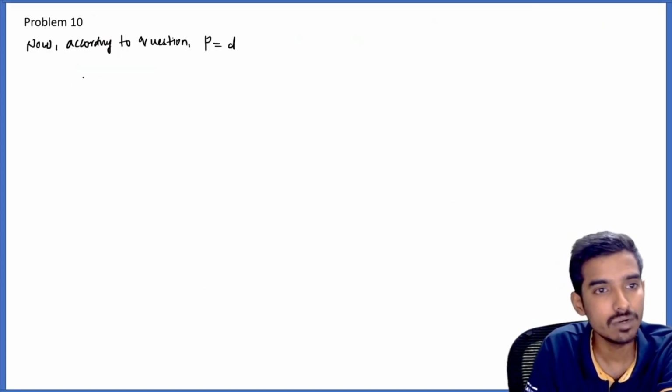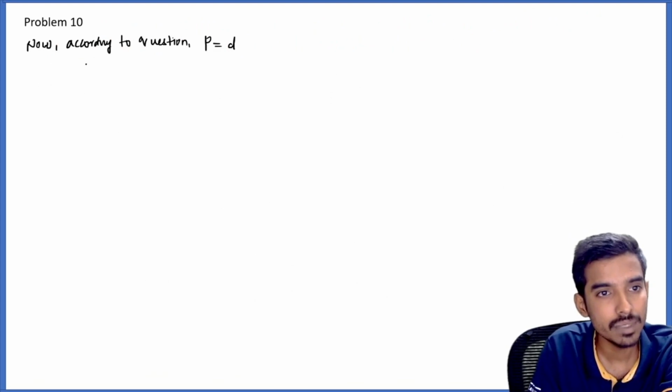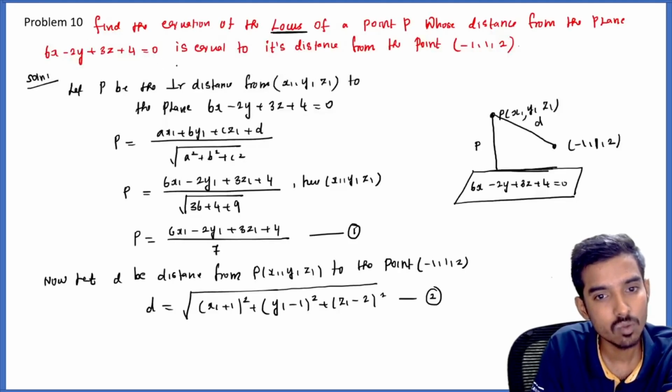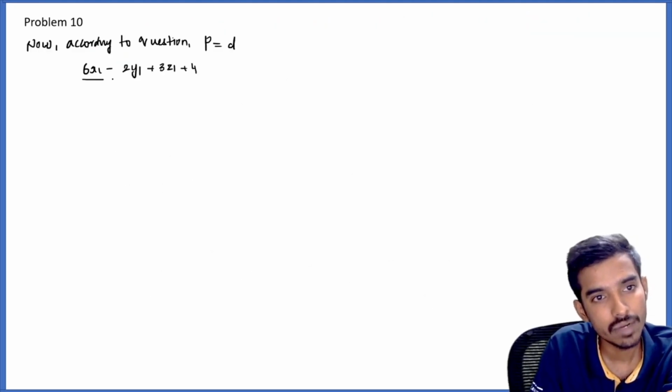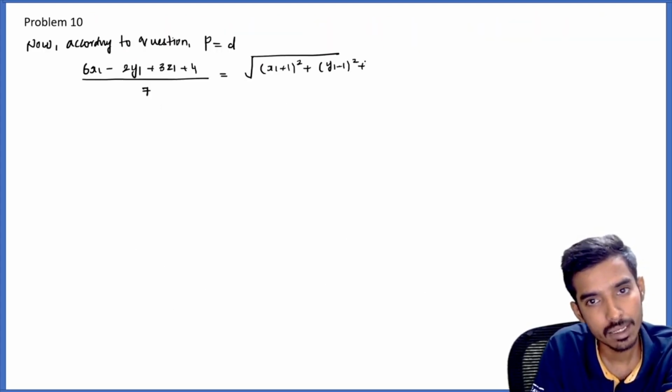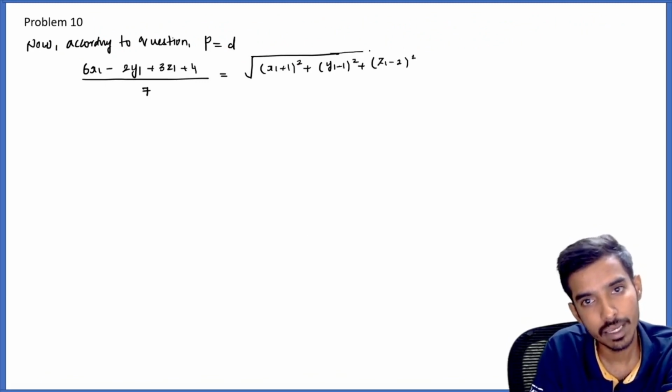According to the question, P is equal to D. That means P is (6x1 - 2y1 + 3z1 + 4) divided by 7, which is the same as the root of (x1 + 1) whole square plus (y1 - 1) whole square plus (z1 - 2) whole square, right?